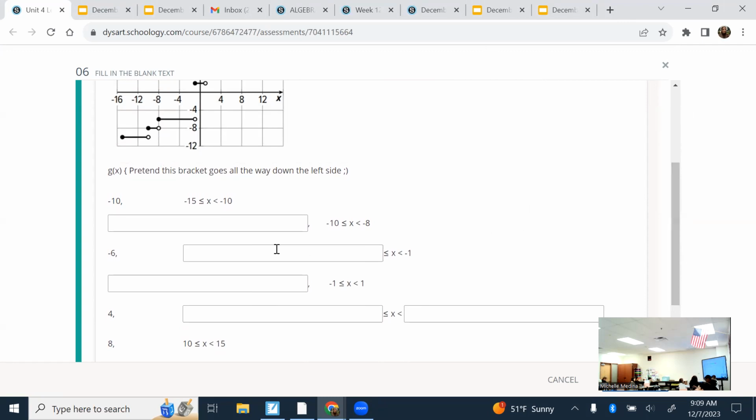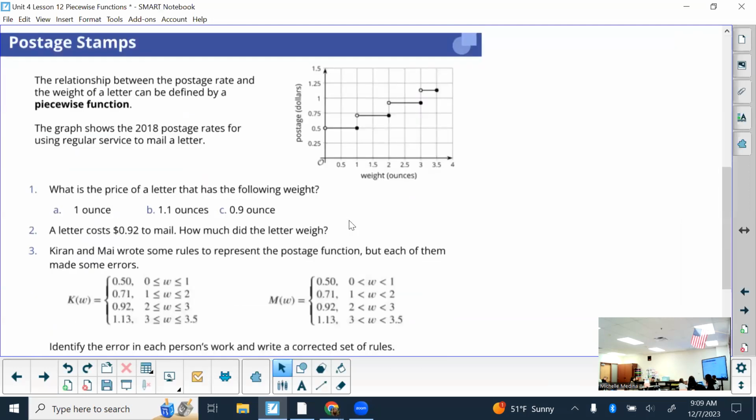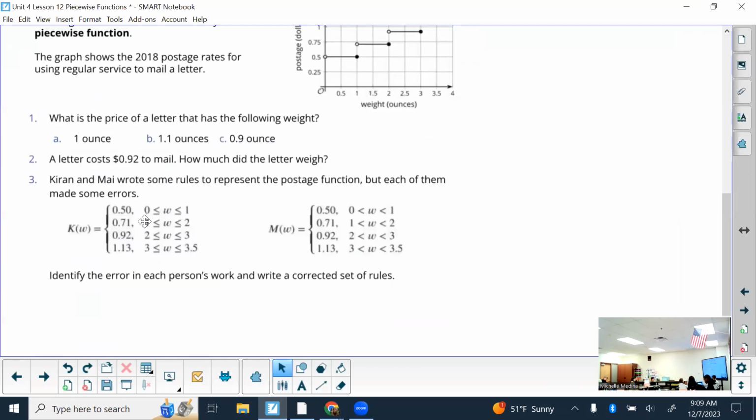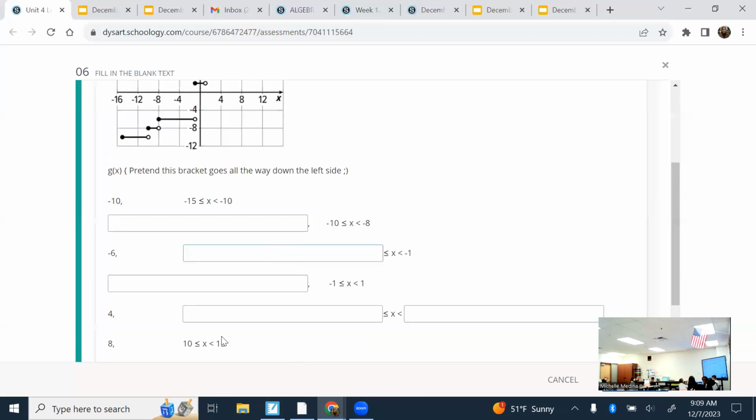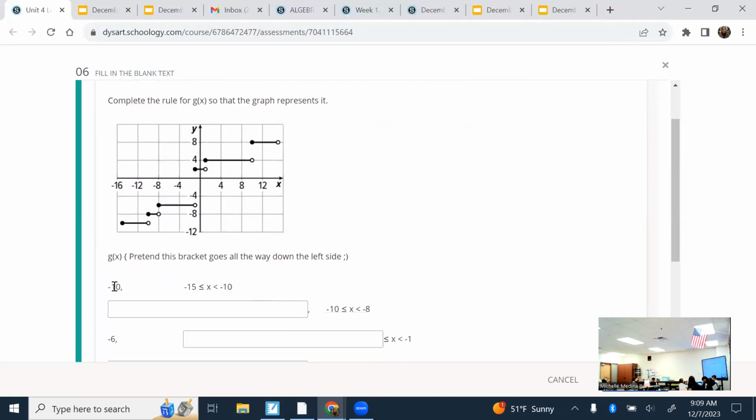So it should look like when we looked at the rules for piecewise functions. But because Schoology makes those blanks really wide, you're just going to have to pay attention a little bit more. So for this first one, that -10 is an output.